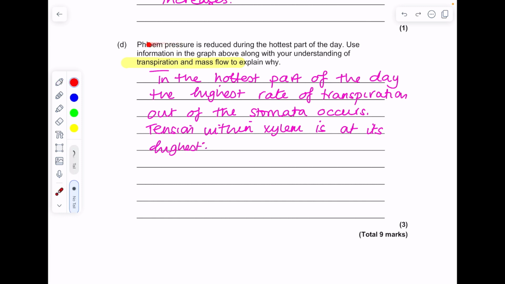And then you can infer here, when it says the flow and pressure is reduced during the hottest part of the day, we can infer that less mass flow is taking place in the phloem, and that must be because there's less water moving from the xylem into the phloem, creating that hydrostatic pressure.